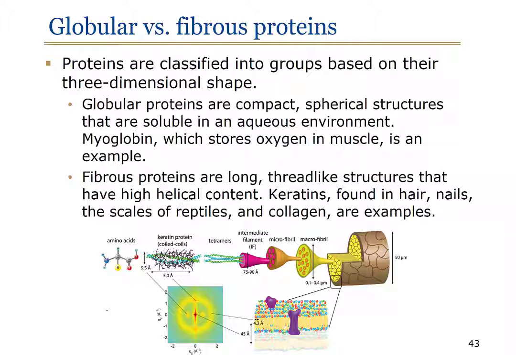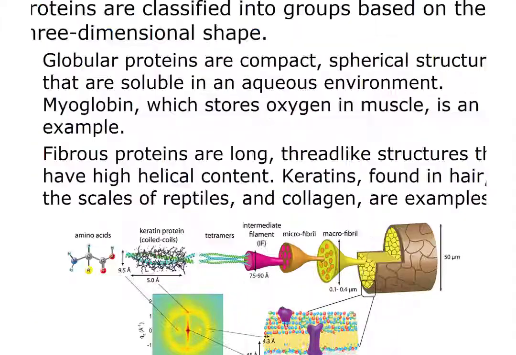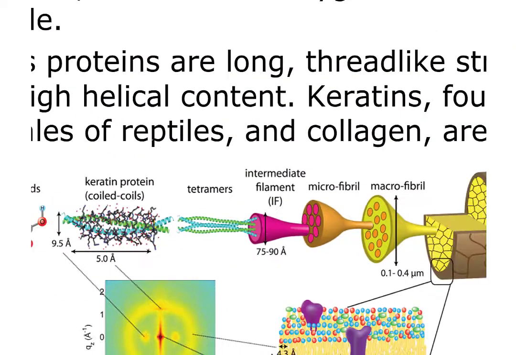Here's another example of protein binding to proteins. This happens when you make fibers. So in hair, you have these very long alpha helices, and they bind to another alpha helix, twist around it. That's called a coiled coil. So that's a very tough kind of structure. It's bendable, but hard to rip.